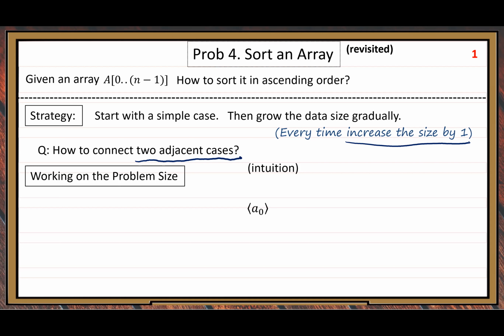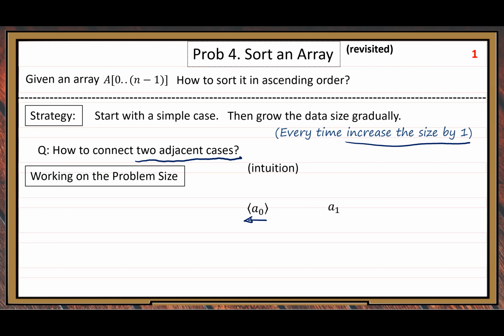After it is done, we need to move to the next adjacent case, right? That's two elements. How do we look at a two element array? This time, based on our strategy, we try to add a new element A1 into our current sorted array, because we treat this array as a sorted array.